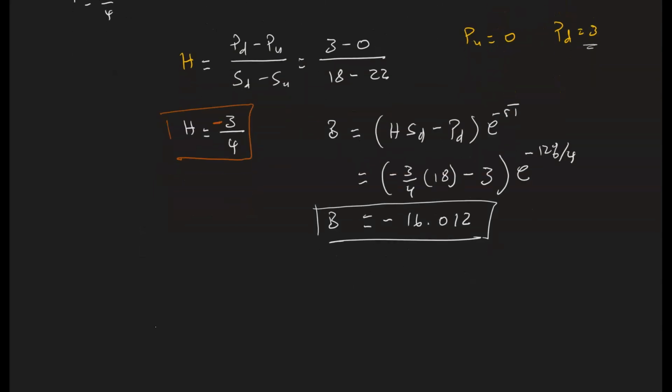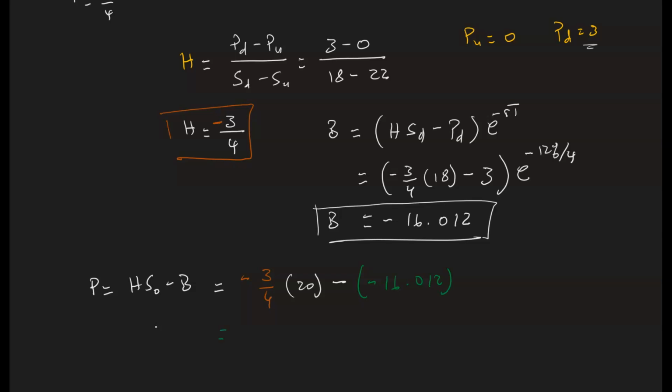Now our put option price is going to be equal to H S0 minus B, which is going to be equal to minus 3/4 of S0, which is equal to 20, and then we're going to subtract B, which means that we're going to do minus, and B is negative, remember, so that's going to be minus minus 16.012.